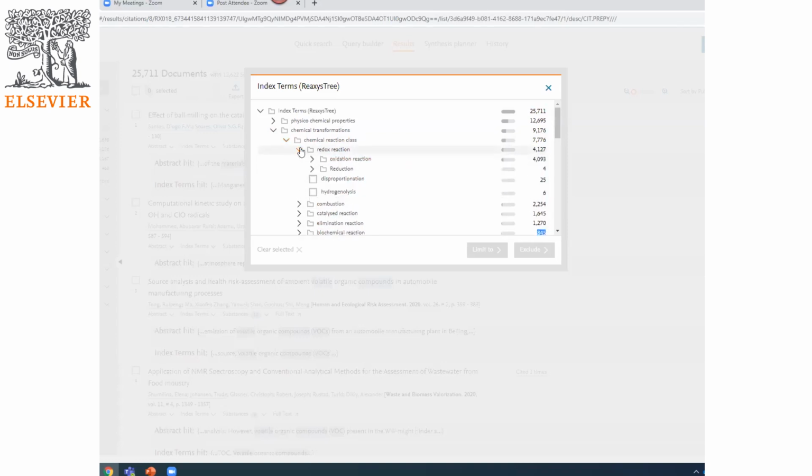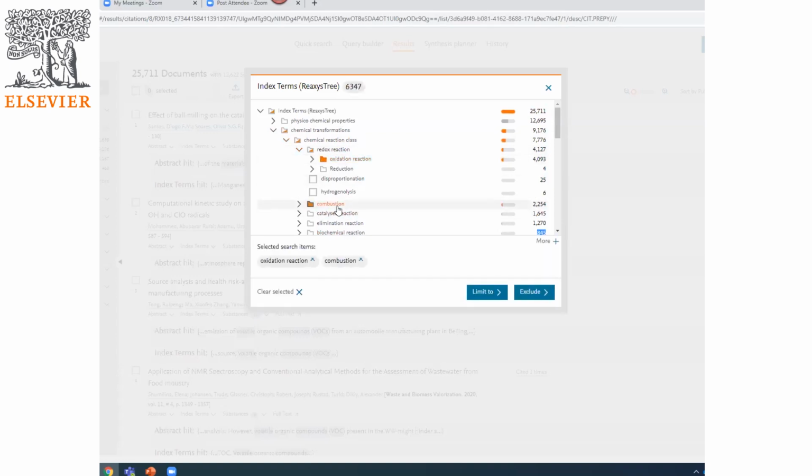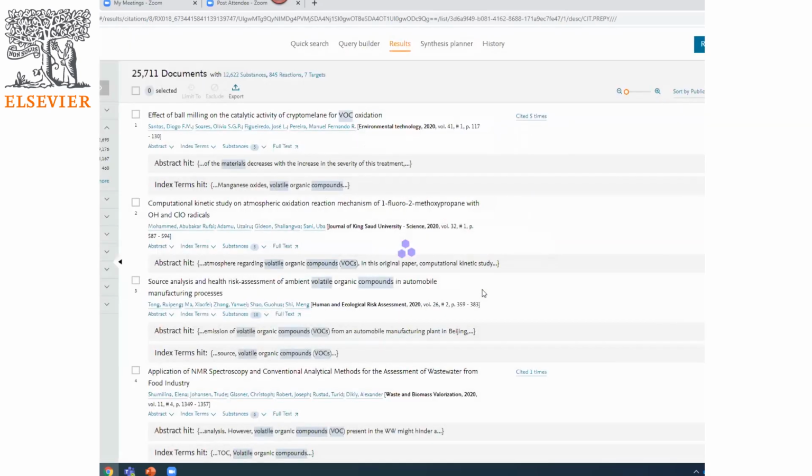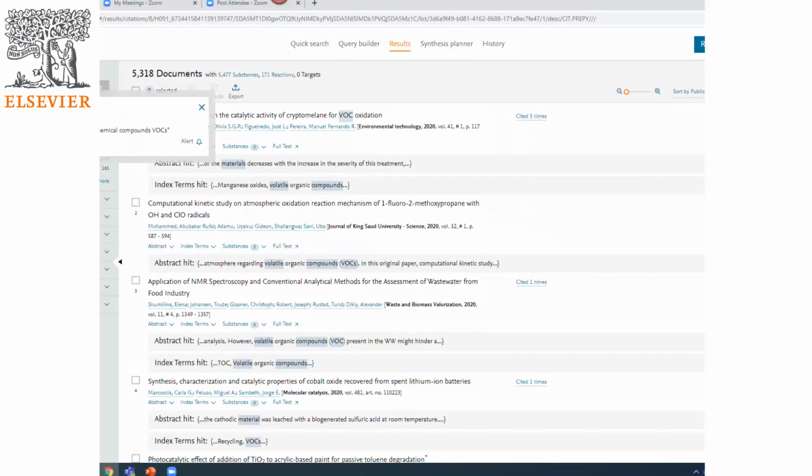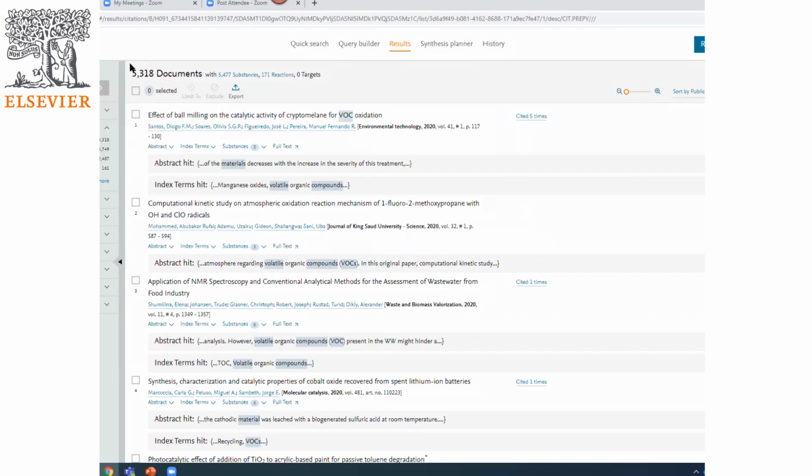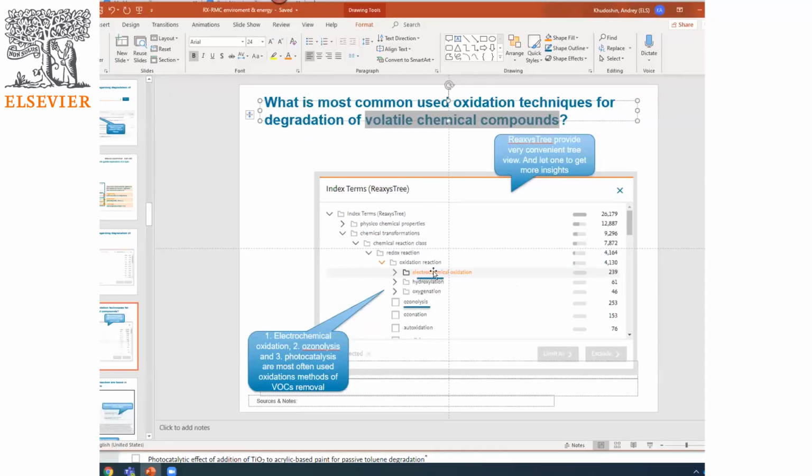If you're interested in oxidation, you can choose this one and combustion and limit to them. And from 25,000 documents in general about volatile organic compounds, we can focus on a specific topic, oxidation. Reaxys even guides us on what topics are used and how to go deeper, to get to our ideas faster.